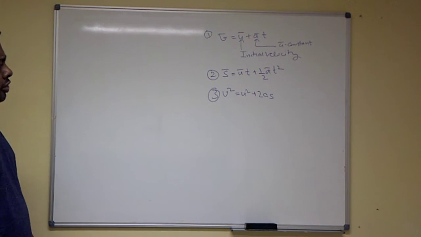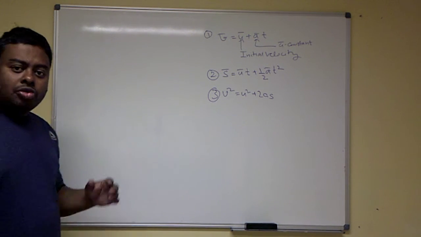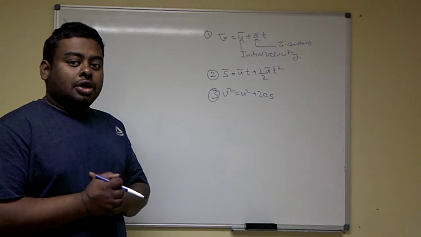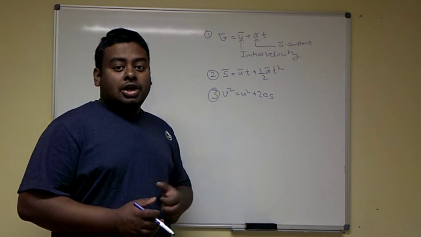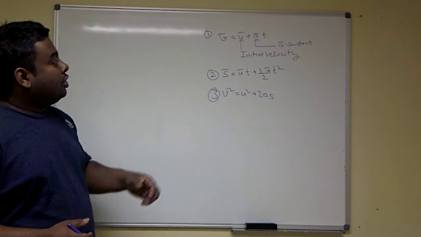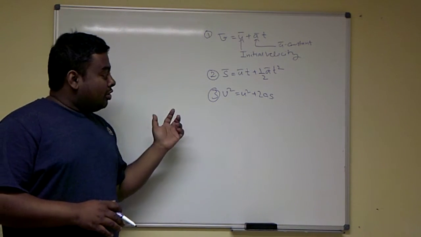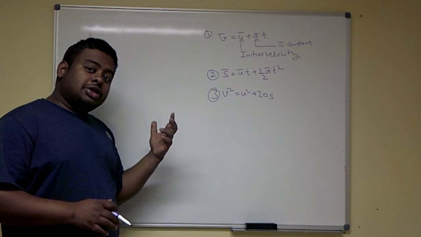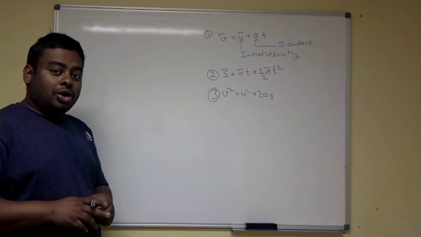So with all these things, I was thinking about whether it would be possible for us to arrive at this third equation of motion in a vectorial format as we did for the other equations of motion. We might still have a scalar equation, but can we arrive at it from a dot product scenario?